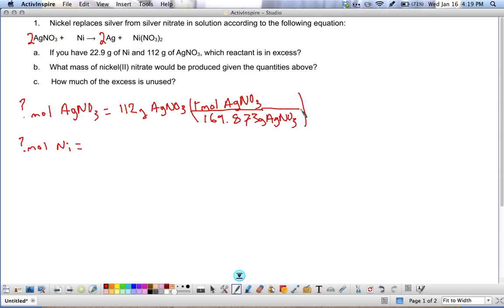Okay, so grams silver nitrate go away, and we're left with moles silver nitrate. Okay, and when we calculate that out, we get 0.6593 moles silver nitrate.